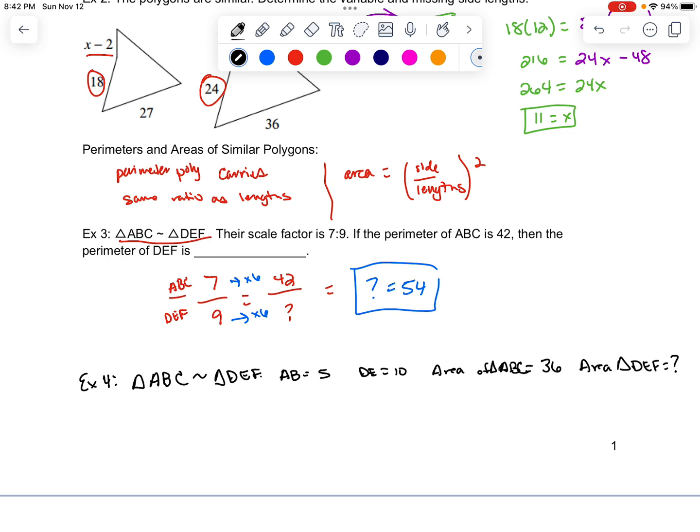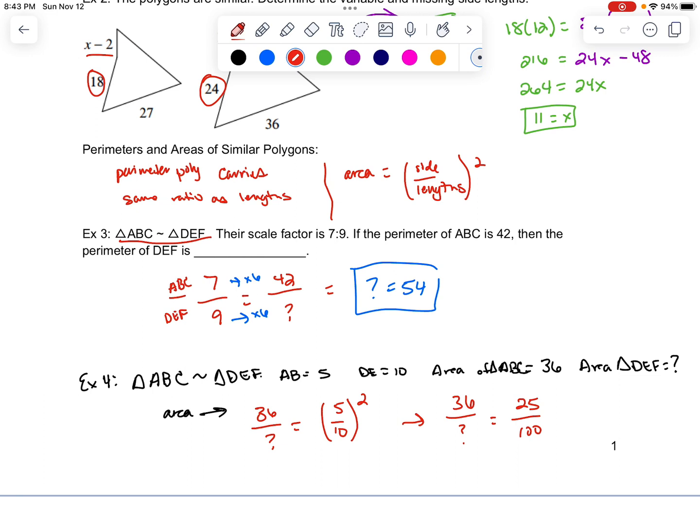So what we have here, if I have area, this is going to give me 36 over something I'm trying to find. Well, looking at this, I have to use the side lengths. So I technically have 5/10 squared because I'm dealing with the area. So I have 36 over the question mark equals 25/100.